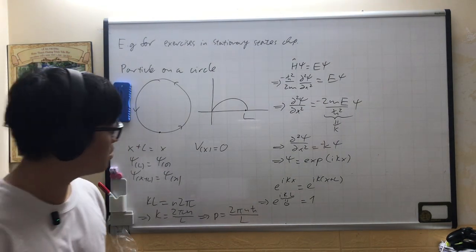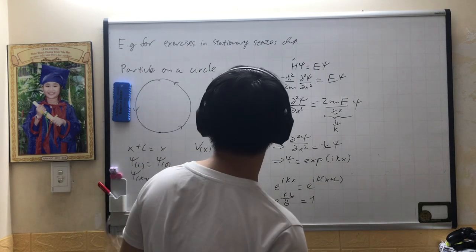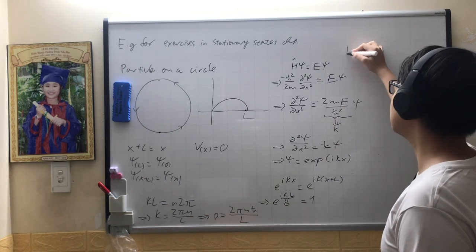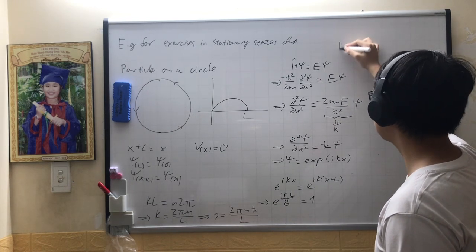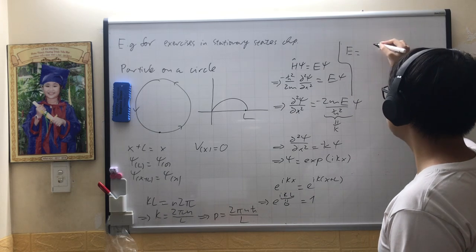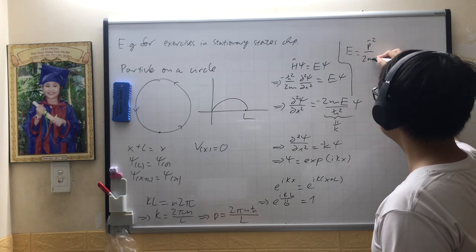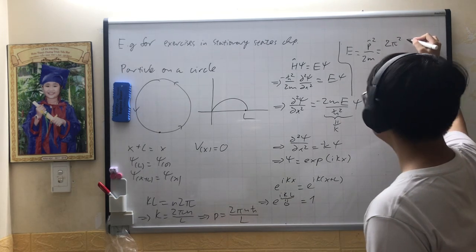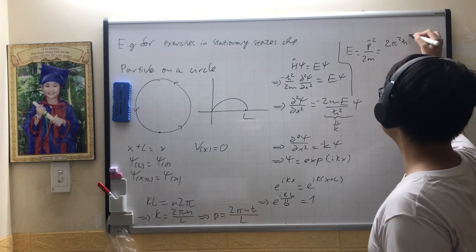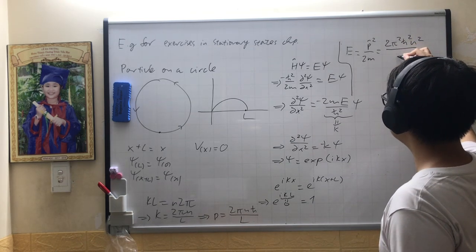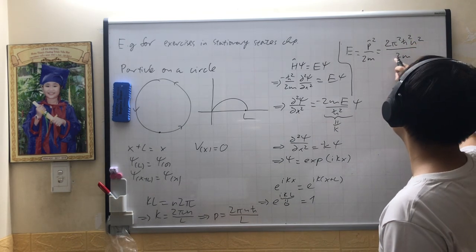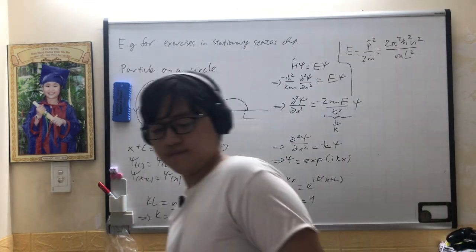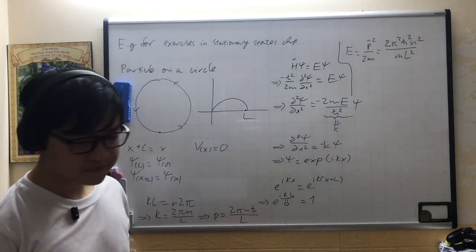So the energy would be equal to p squared over 2m. That is 2 pi squared h bar squared n squared over mL squared. So you got your energy now.